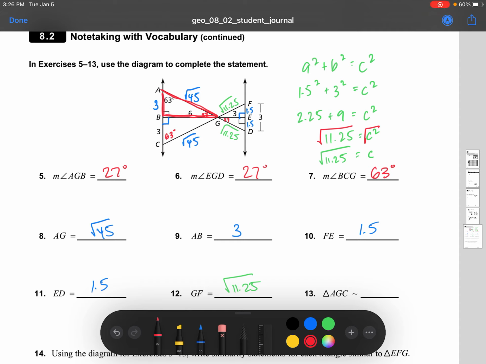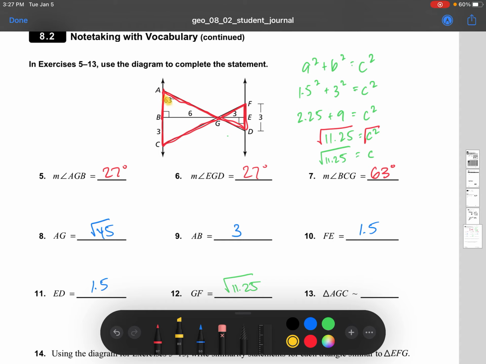All right, so let me erase all these marks now. So triangle AGC. You know what? I was looking at the wrong triangle. AGC. That looks like an isosceles triangle, and this looks like an isosceles triangle. So let's color code all the angles.